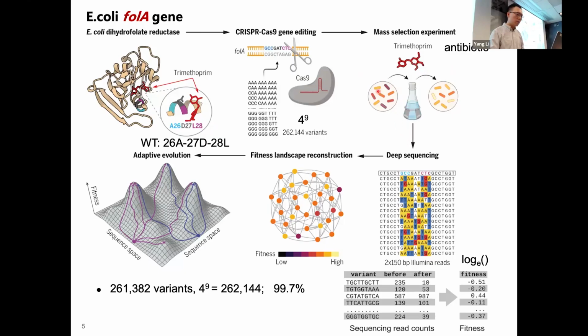For the created library, we could do deep sequencing beforehand, and each variant has a frequency by Illumina sequencing, and again after the selection in the antibiotic environment.